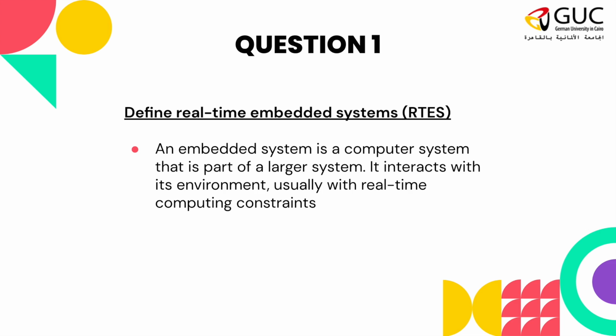So the keywords here: an embedded system is a computer system that is part of a larger system. So it's a small system, part of a larger system. The second keyword, that it interacts with its environment. And the third keyword, since it's a real-time system, we need to specify the real-time constraints, the timing constraints.